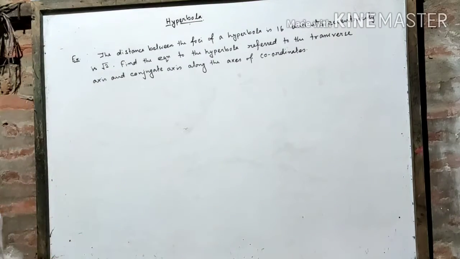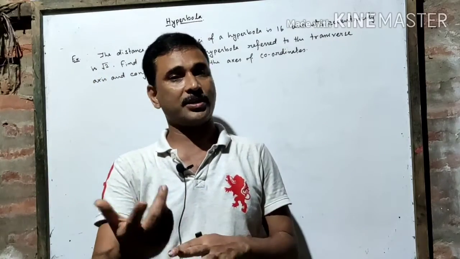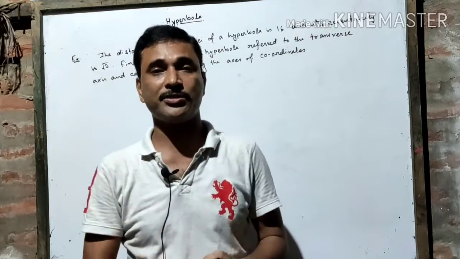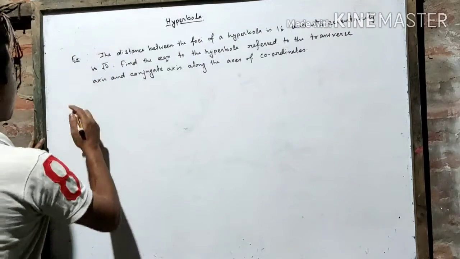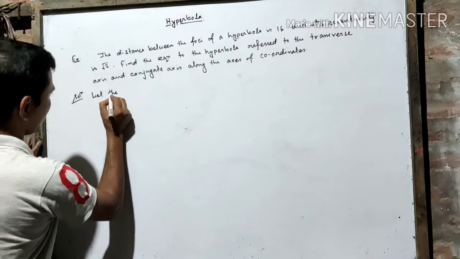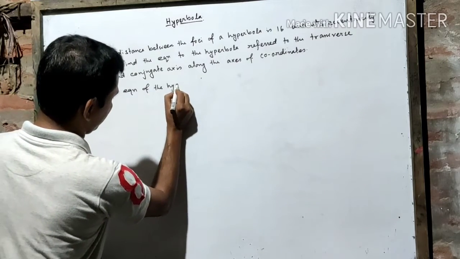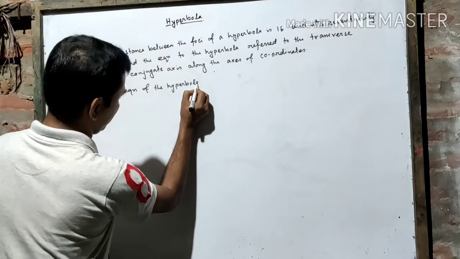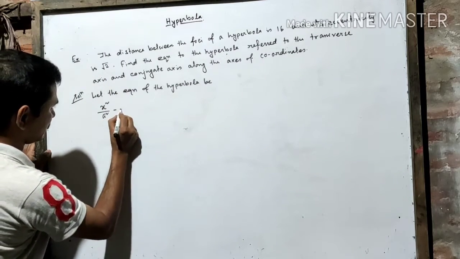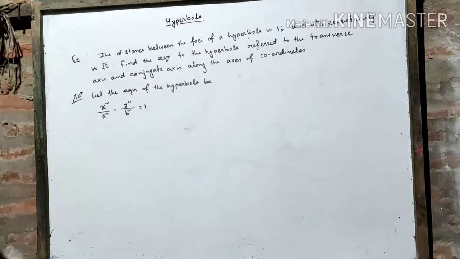So what is the structure of the equation? The structure of the equation is x square by a square minus y square by b square. Since the x-axis is the transverse axis, x square will have the positive coefficient. Okay, so we'll start like this. Let the equation of the hyperbola be this.